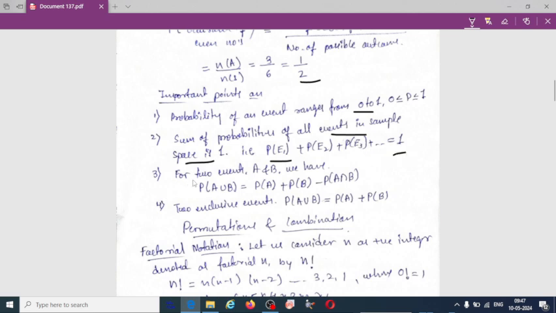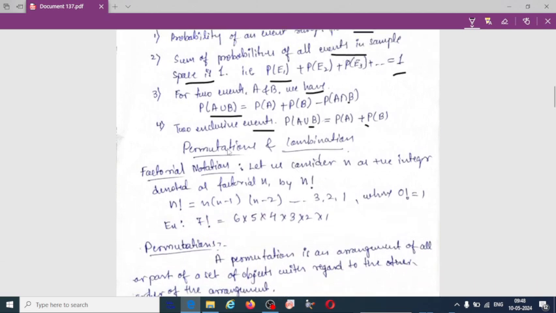It should not be greater than 1. For two events A and B, the probability of the union is given by P of A union B equals P of A plus P of B minus P of A intersection B. For two mutually exclusive events, P of A union B is equal to P of A plus P of B. These important points you should remember.